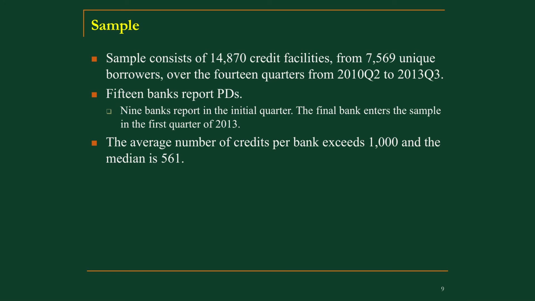We have 15 banks in the sample, so it's not a large sample, but it's what we can use. 9 banks are in the sample from the very beginning, others enter throughout the period, and the last one entered in the first quarter of 2013. But to give you an idea, these are big banks, and on average they have about 1,000 credits, and the median is 561. So I have lots of observations for each of the banks.